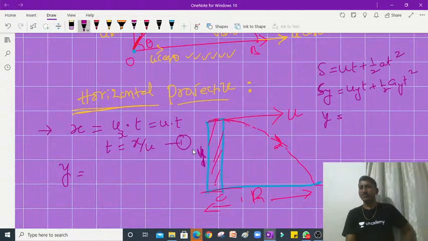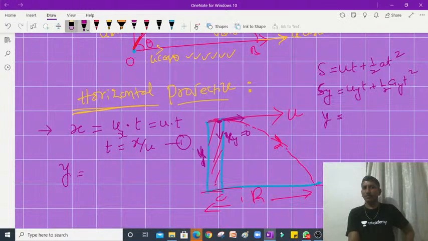So y is equal to uy t plus half ay t square. At this point, velocity in the vertical direction is 0. Uy is equal to 0, students, because it has velocity in the horizontal direction only. There is no vertical component of velocity at the point of projection. So remember, in this case uy is equal to 0.